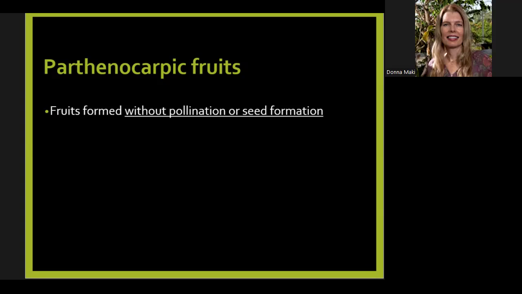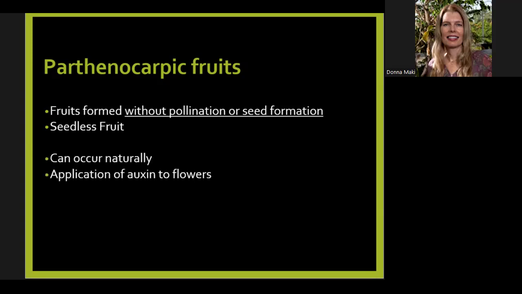You can do it artificially with the right concoction of hormones, but it can happen naturally. Basically these are seedless fruits that you're familiar with. It's usually some dose of auxin when it's flowering. You hit the flower with a little bit of auxin. You have to get the right concentration and it will shift into a parthenocarpic fruit.